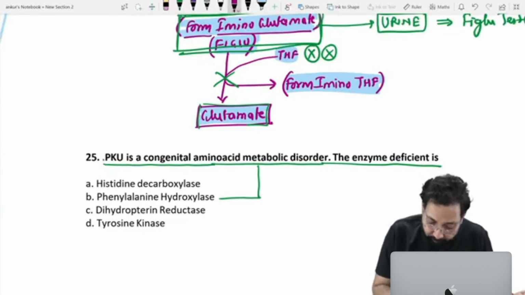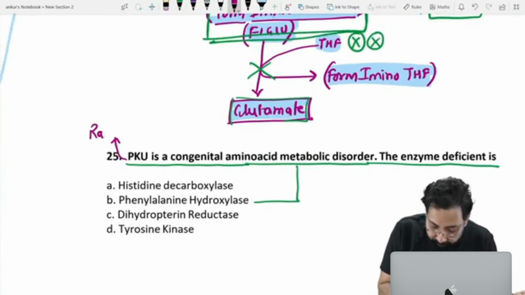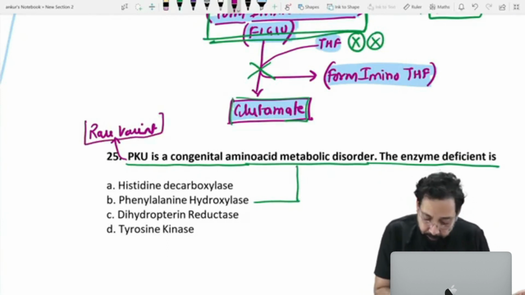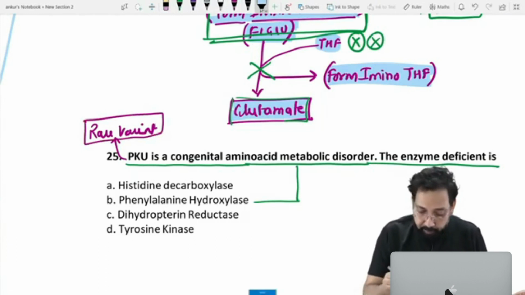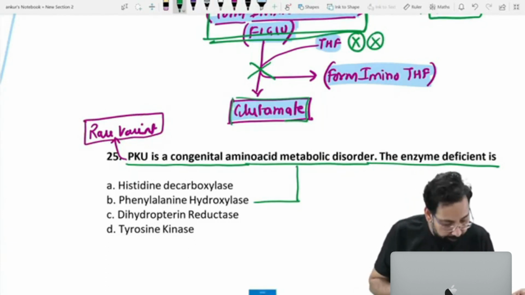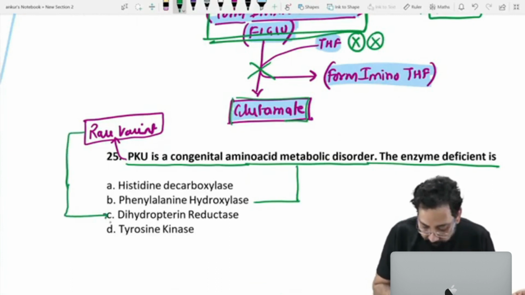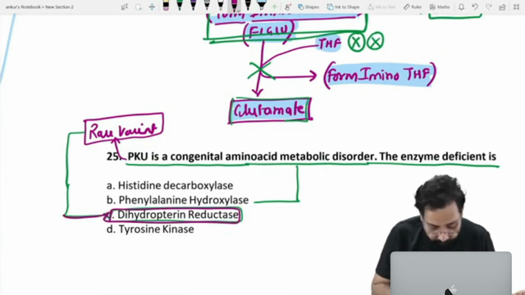If in the same question I say rare variant, this question is asked in PGI frequently, then the answer would be dihydrobiopterin reductase. Very good.